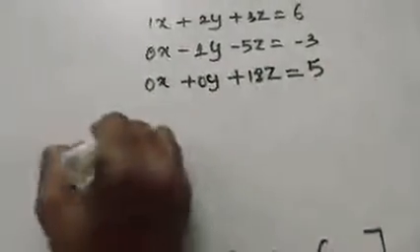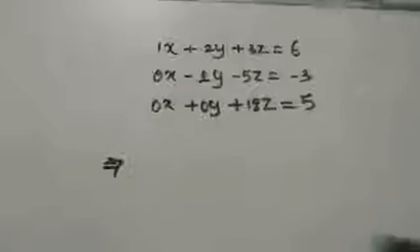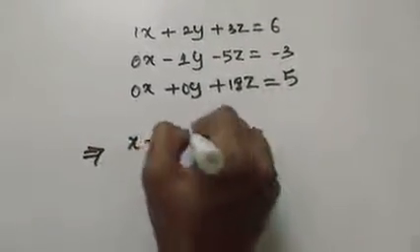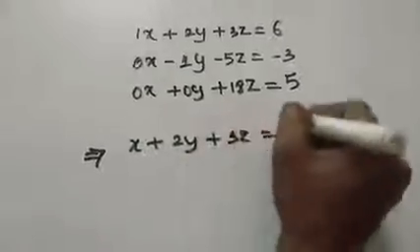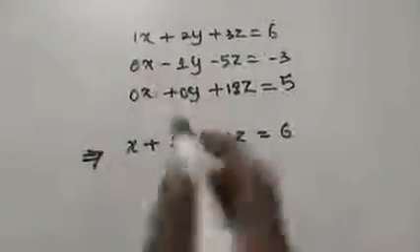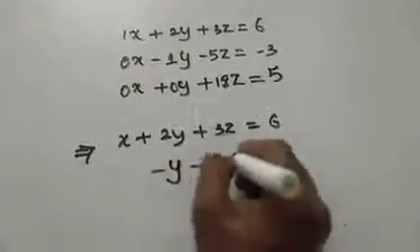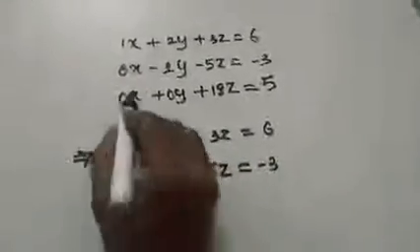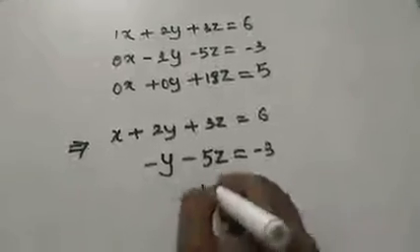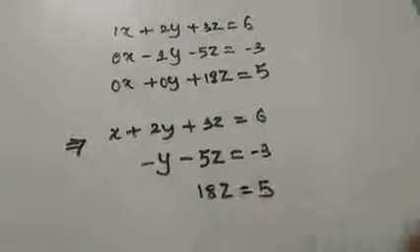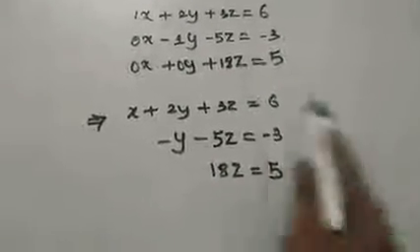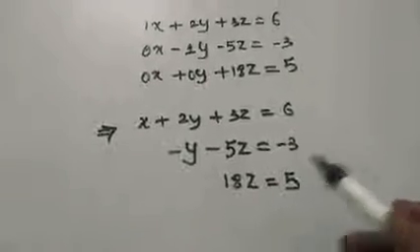Or further we can write: 1x means x plus 2y plus 3z equals 6. 0x vanishes, minus 1y we can write minus y, minus 5z equals minus 3. 0x 0y vanish, only 18z equals 5. So from this now we will find the value of x, y and z.